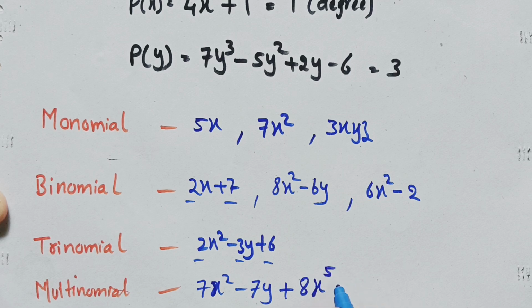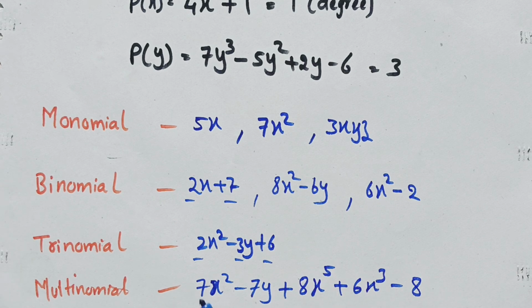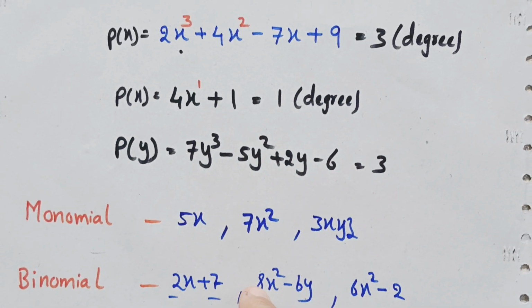Okay, x power 5, anything you can take, plus 6 into x cube minus 8. Okay, this is an example of multinomial where we have more than three terms, that is 1 2 3 4 5, more than three terms. If we have more than three terms, then we call it as multinomial.